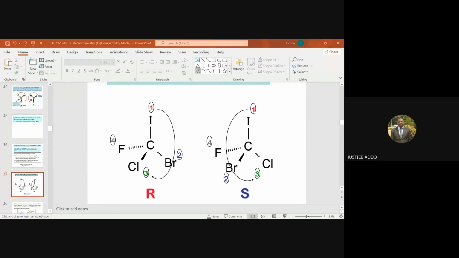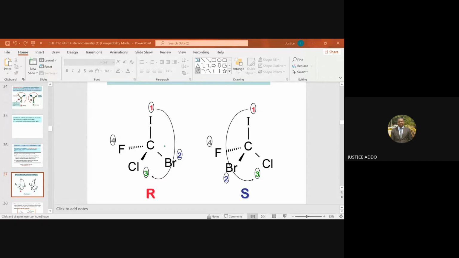Taking the fluorine back to the broken line and bringing the chlorine back means that the other 2 groups must also be interchanged. Are you getting it? So that once your least group goes into hiding.